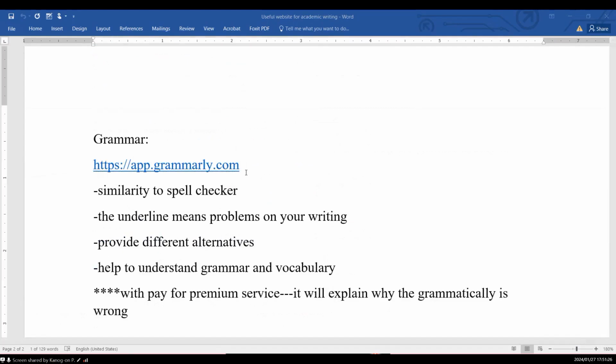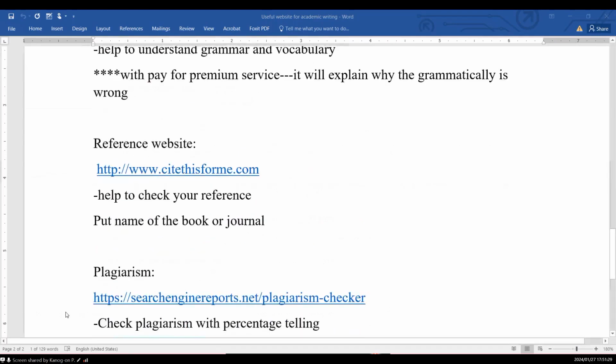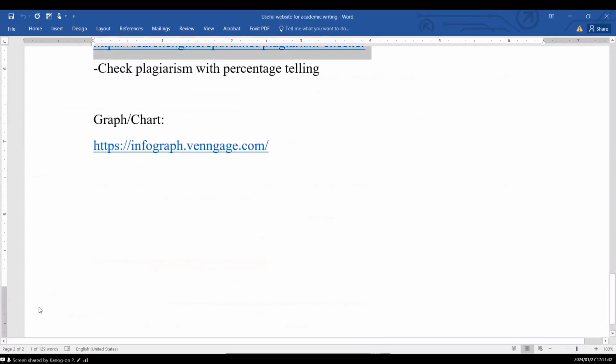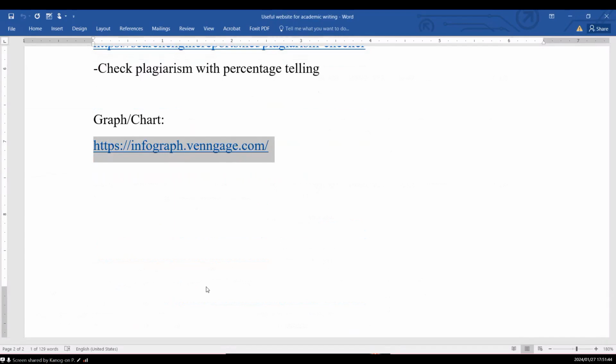Grammar is Grammarly, this one is for references, and the last one will be graph and chart.